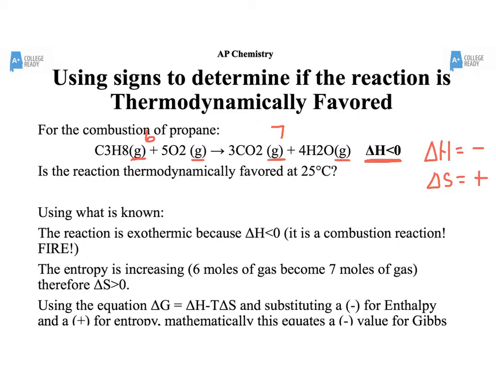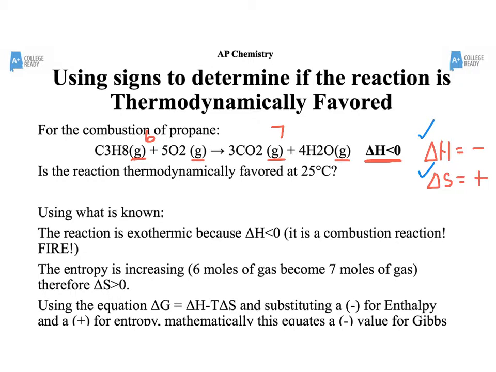And so because we know delta H is negative and delta S is positive, is this the way the universe wants to go? Does the universe want exothermic reactions? Absolutely, the universe wants exothermic reactions, the easiest way to go. Does the universe want more disorder? Yes. So we want delta S to be positive. So based on both of those concepts, is this doing what the universe wants?